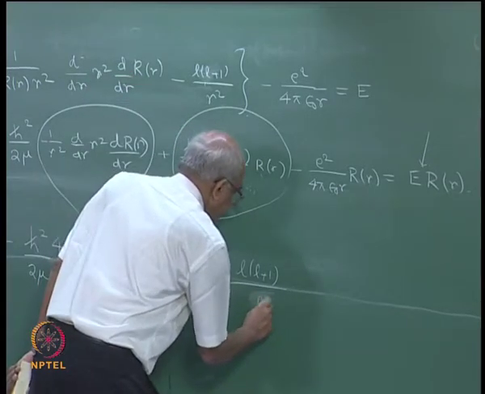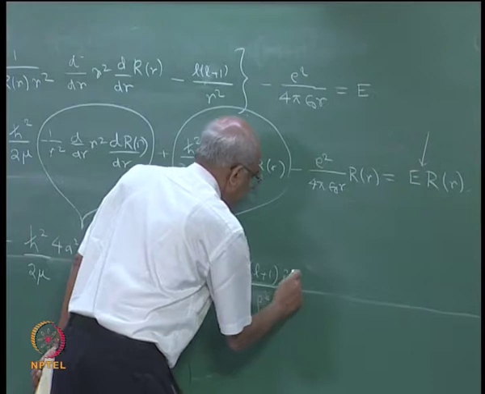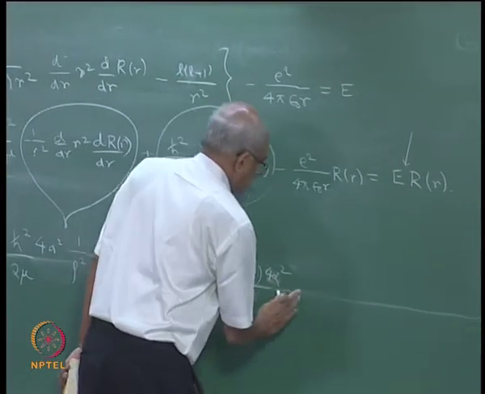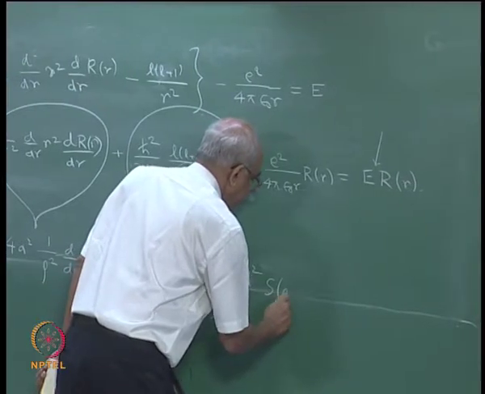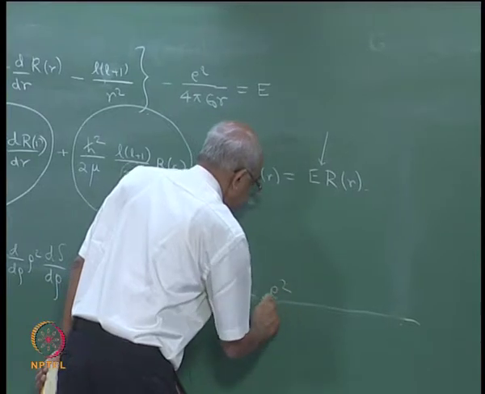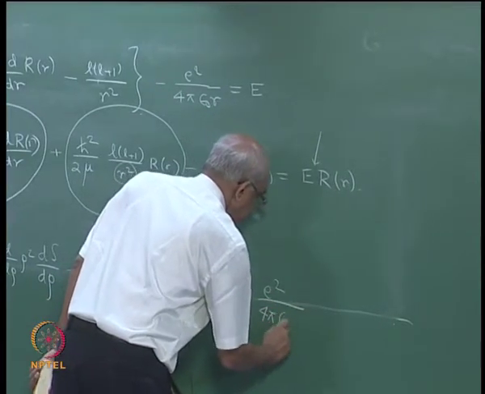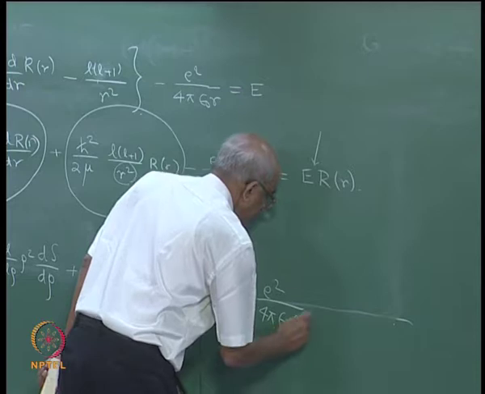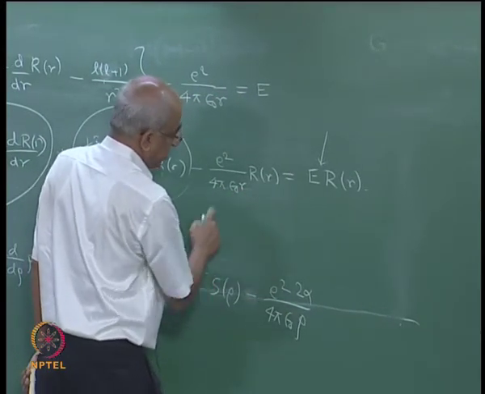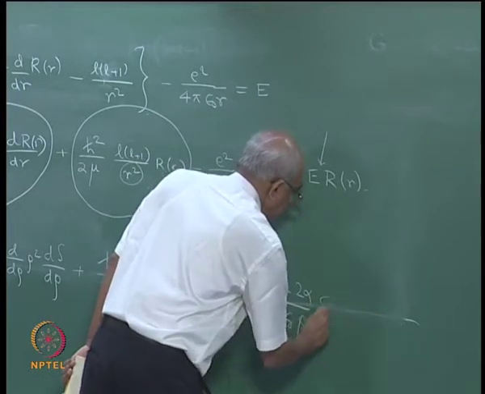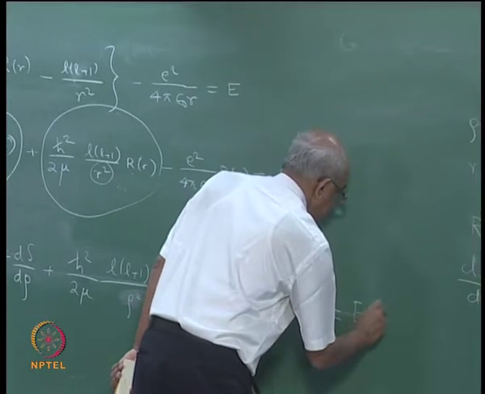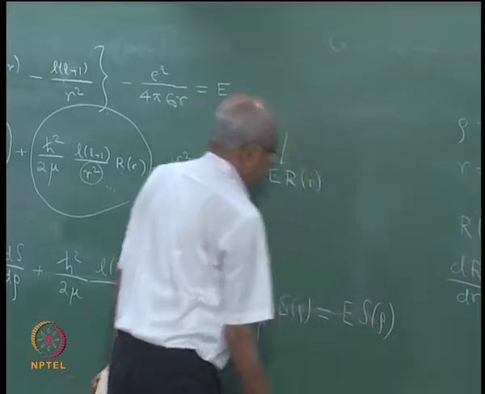So, I will get rho square into 2 alpha or 4 alpha square into capital R is nothing but S. This R also I should replace with rho by 2 alpha. So, this is what you are going to get.